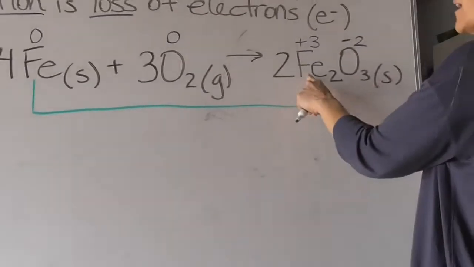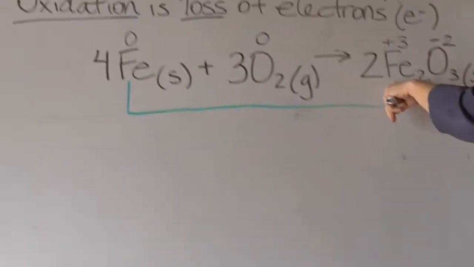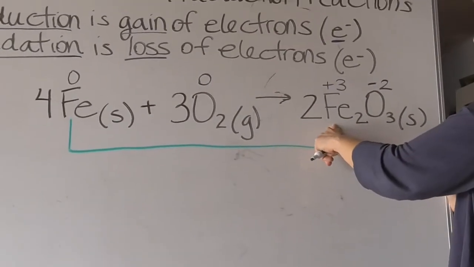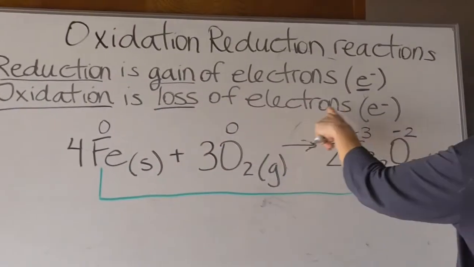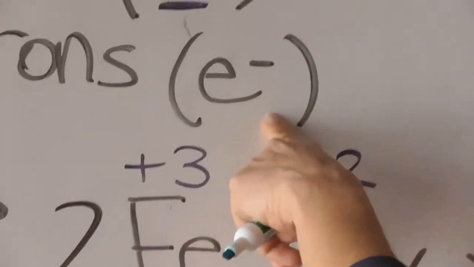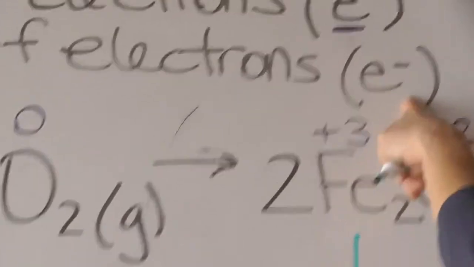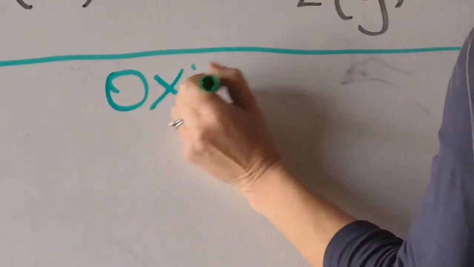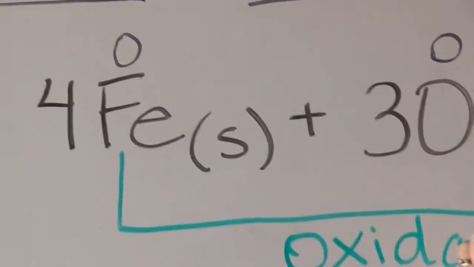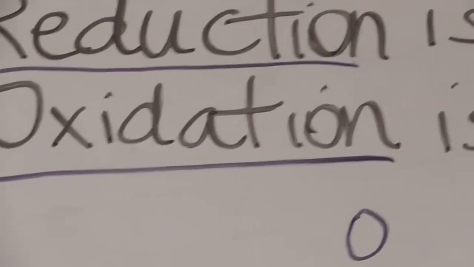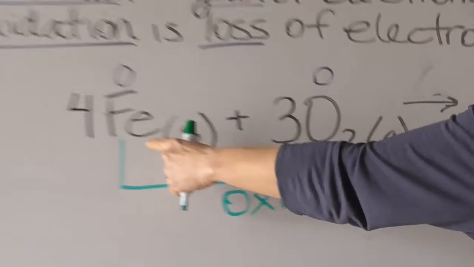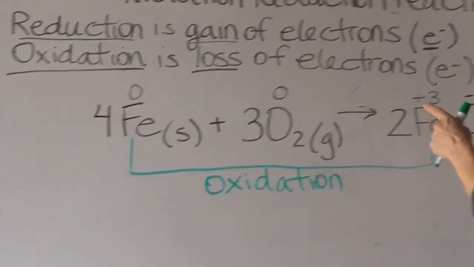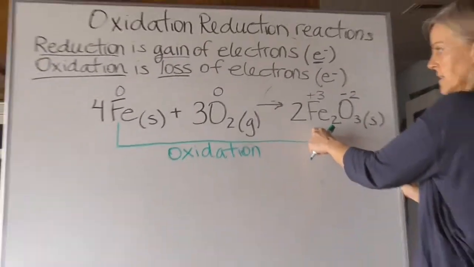So if it's going up, it has to be losing something negative. It's losing the negative electrons. So that process is oxidation. So that iron atom is getting oxidized.